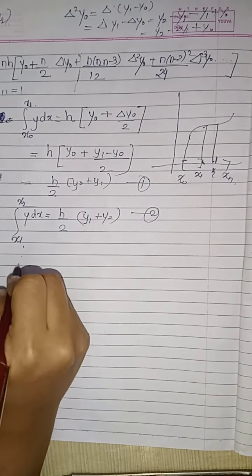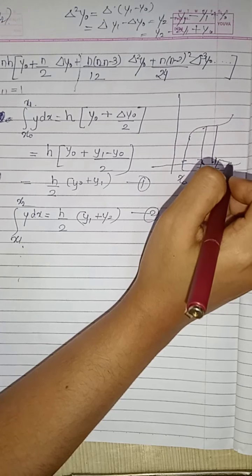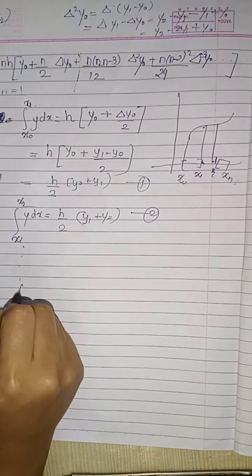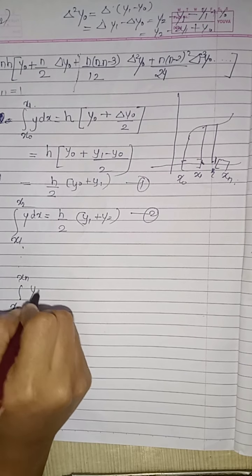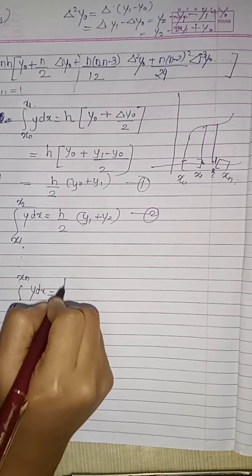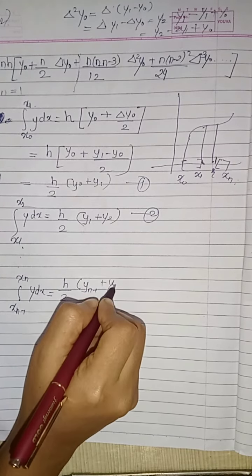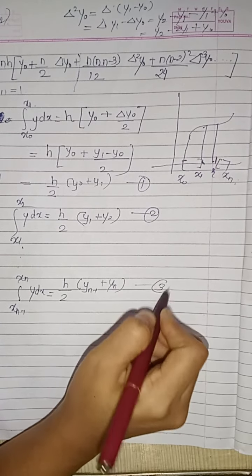So considering different sub-intervals of that interval in this manner, if we consider the nth interval, that is from xn minus 1 to xn of y dx, it will be equal to h upon 2 into yn minus 1 plus yn, and that is the last, or the third equation.